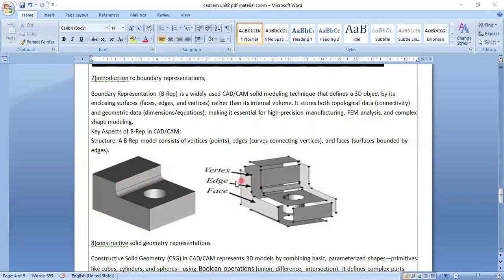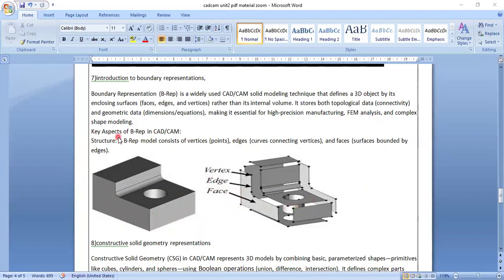So for example, you can see this boundary representation is based on these vertices, edges, and faces. This is your face. This is also your face. This face, this face. Vertices, these are the vertices generally. And edges. This is one edge, 2 edges, 3 edges, 4 edges, and vertices, edges, and faces.